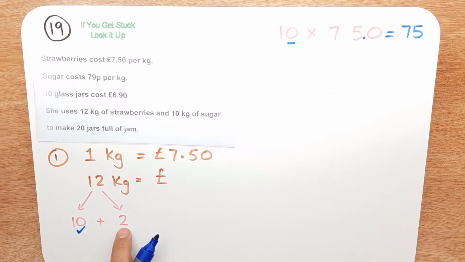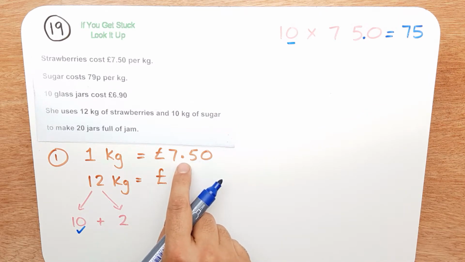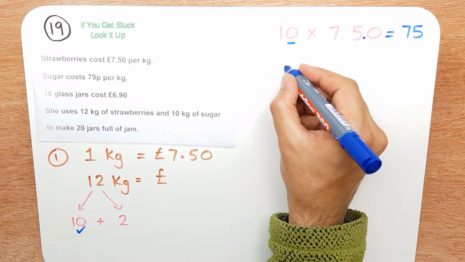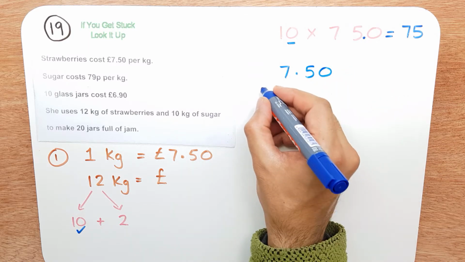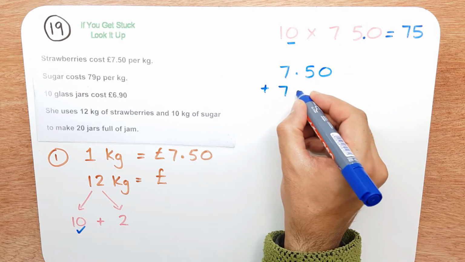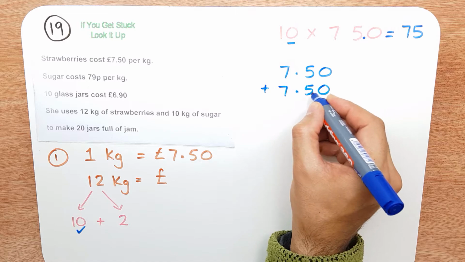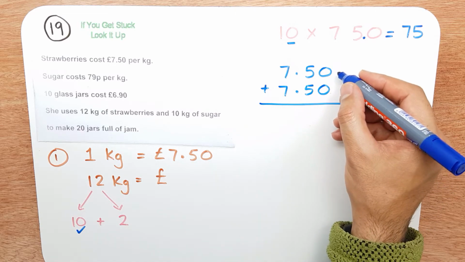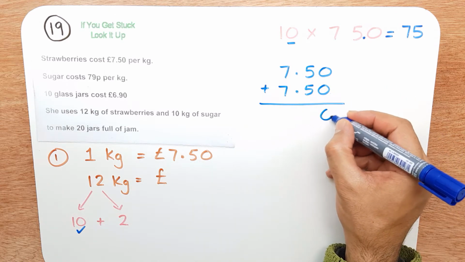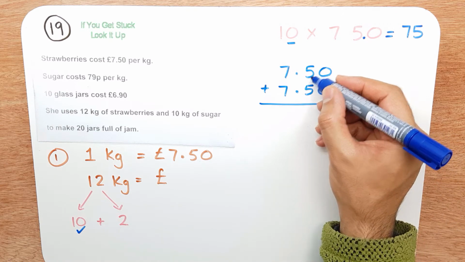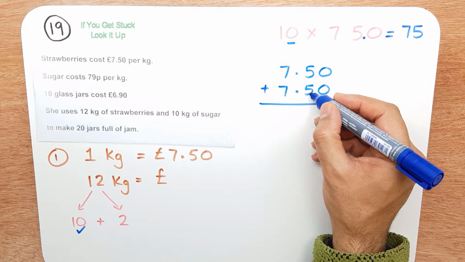Now I need to do 2 lots of £7.50. So I can write them as £7.50, add £7.50 in simple column addition. 0 add 0 is 0. 5 add 5 is 10.